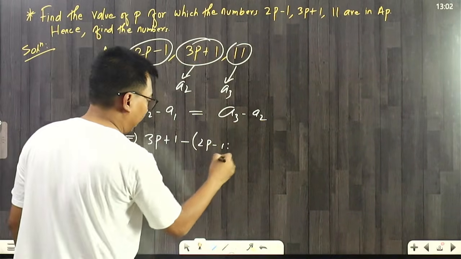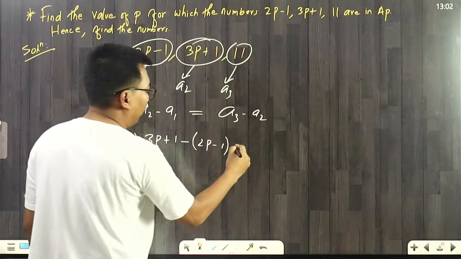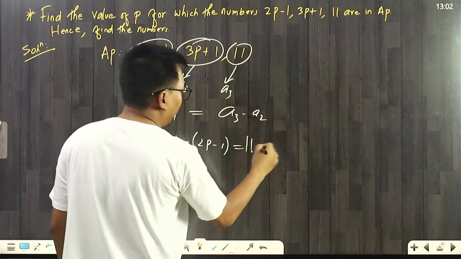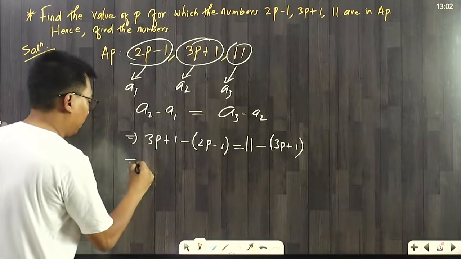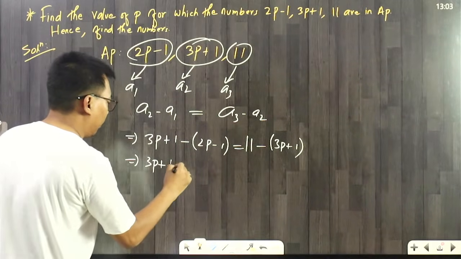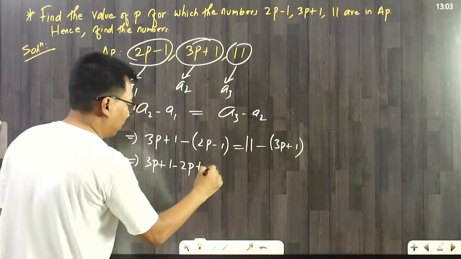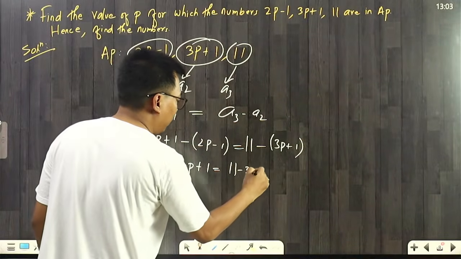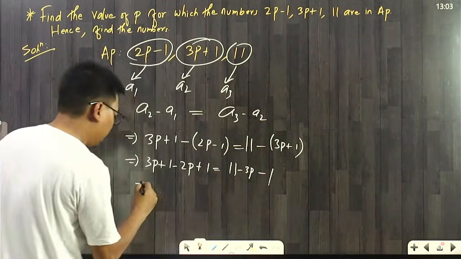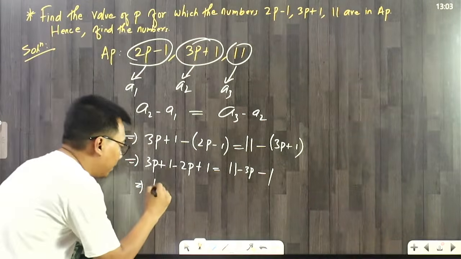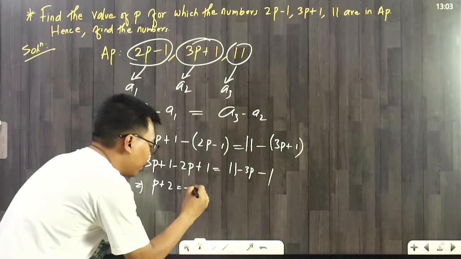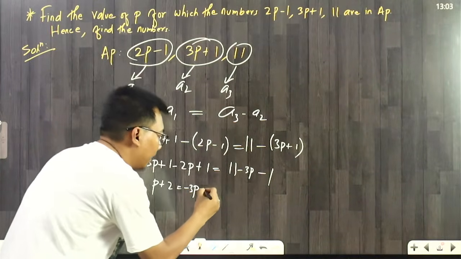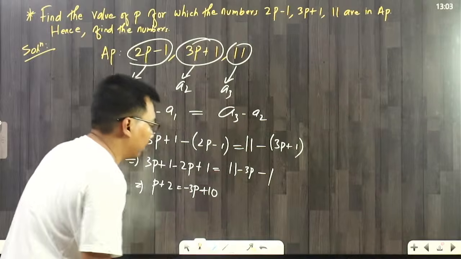We have to put brackets since we have two terms. A3 is 11 minus A2, which is 3P plus 1. So 3P plus 1 minus 2P, minus into minus will be plus 1. 11 minus 3P, minus into plus will be minus 1. So 3P minus 2P will get P. 1 plus 1 will get 2. Minus 3P. 11 minus 1 will get 10.